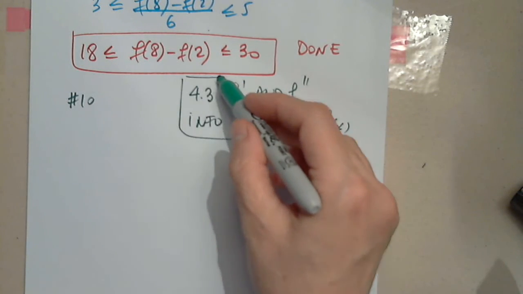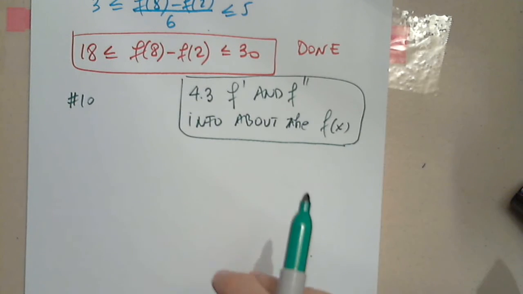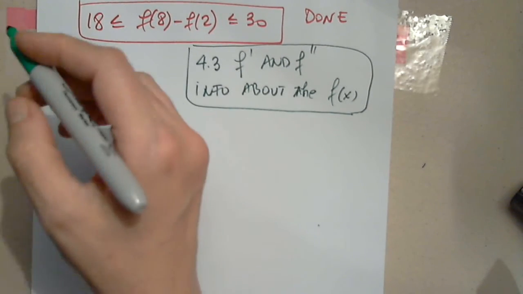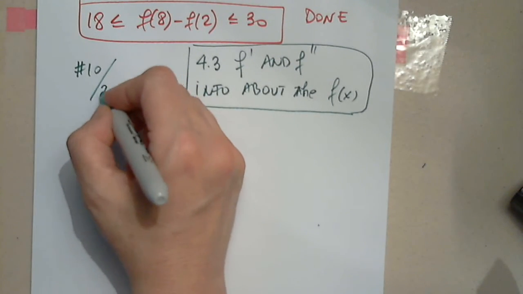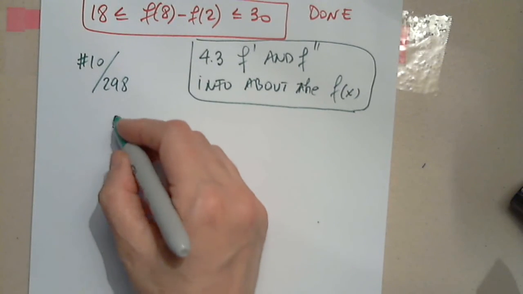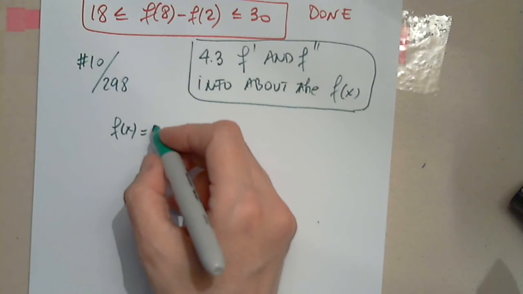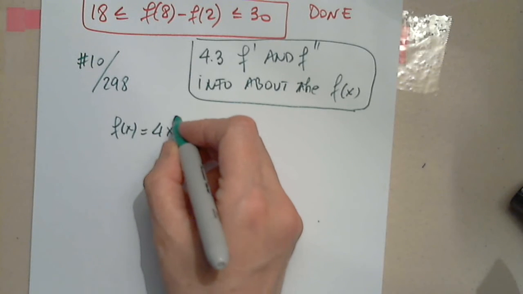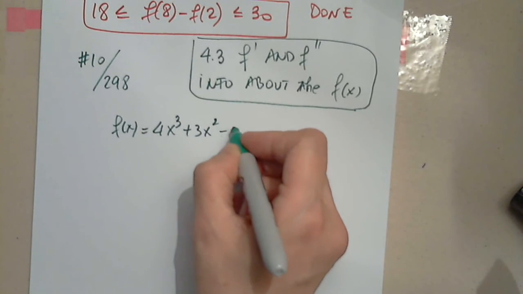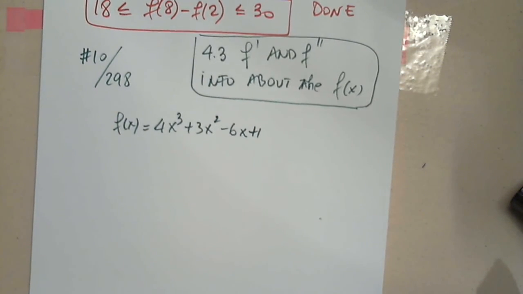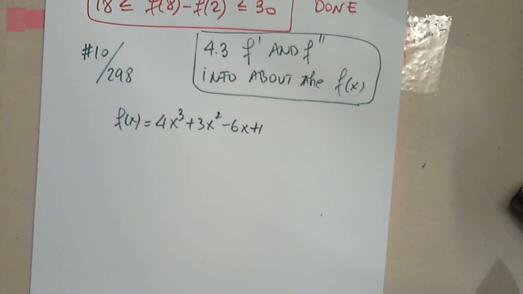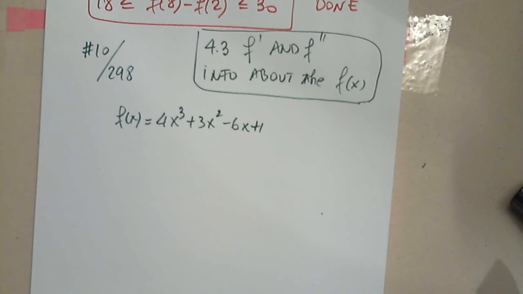This should be the title of section 4.3. Okay, 10 on page 298. We're given a function f of x equals 4x cubed plus 3x squared minus 6x plus 1. And I need to put this book away because it's just so heavy. Find intervals of increasing, decreasing, and local maximum.